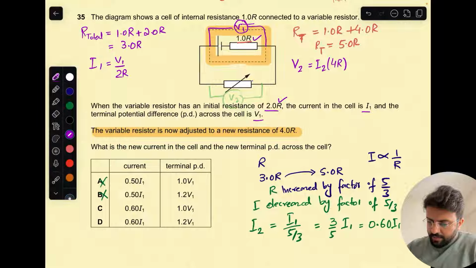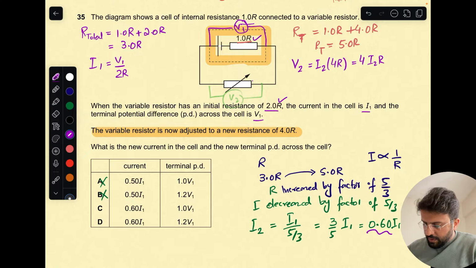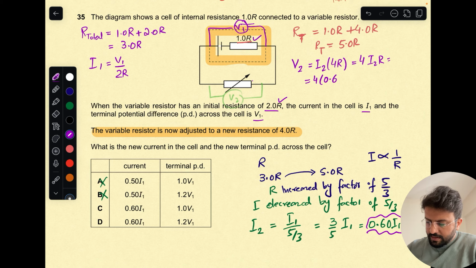So it can be written as 4 into I2R, and I2 I already know is 0.6 I1, so 4 into 0.6 I1 into R is 2.4 I1R, that is V2.